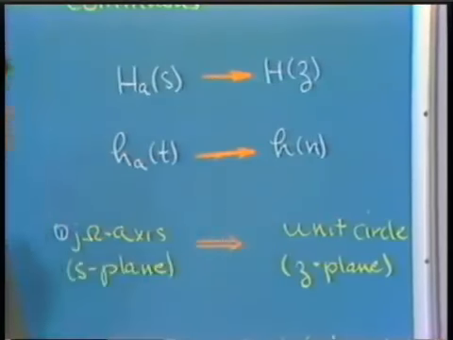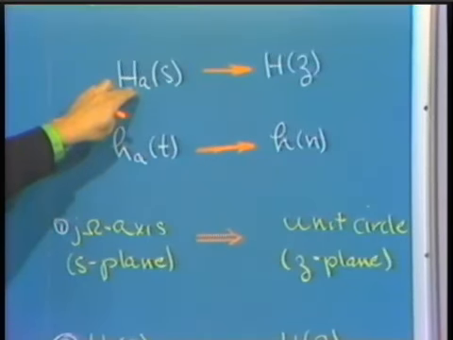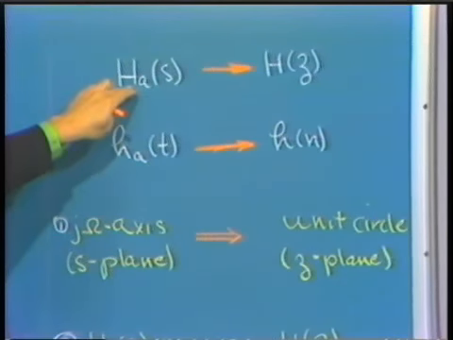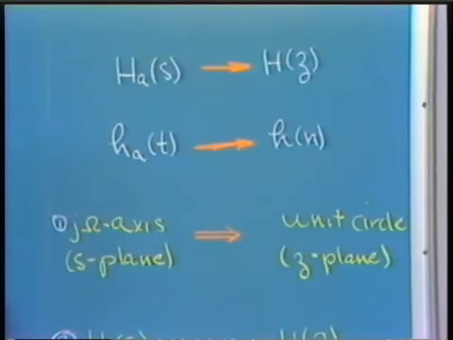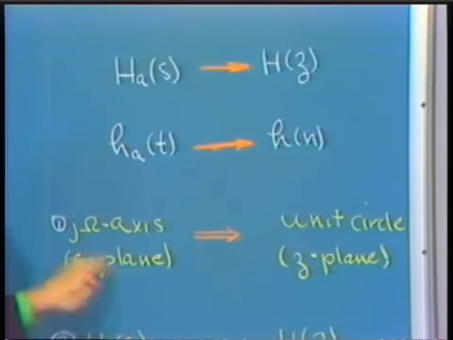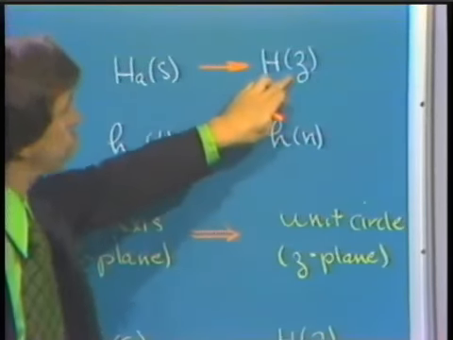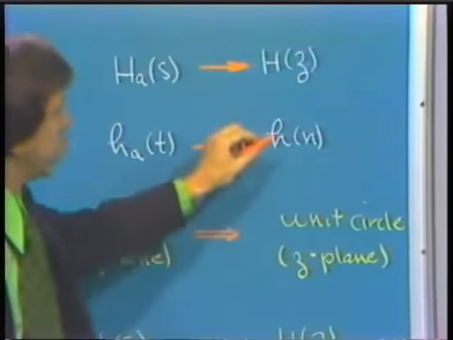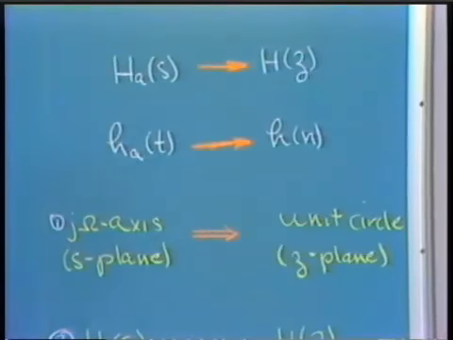The point, of course, is that for an analog system function, when we talk about the frequency response, we're looking in the s-plane on the j omega axis. And for the digital filter, it is the behavior of the system function on the unit circle that dictates what the frequency response is like.